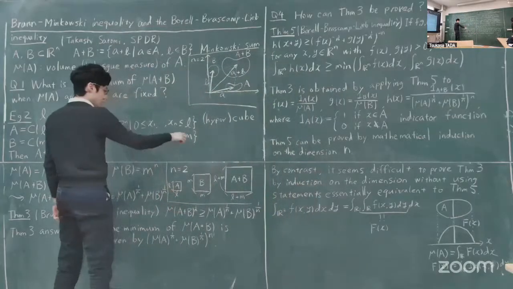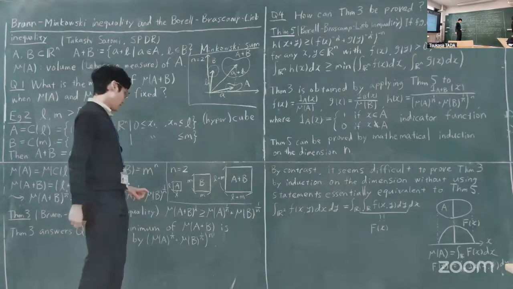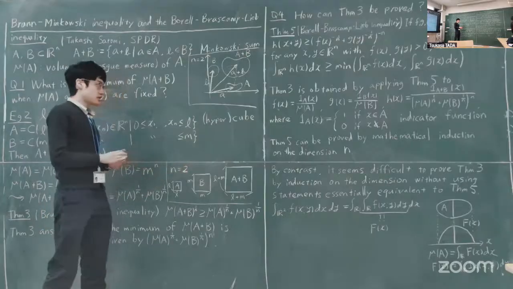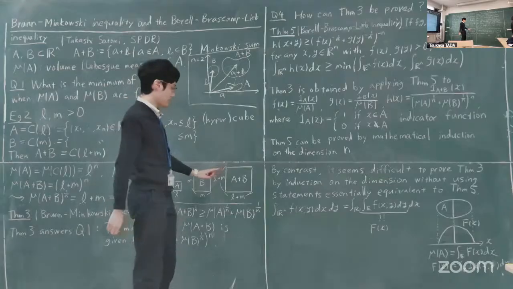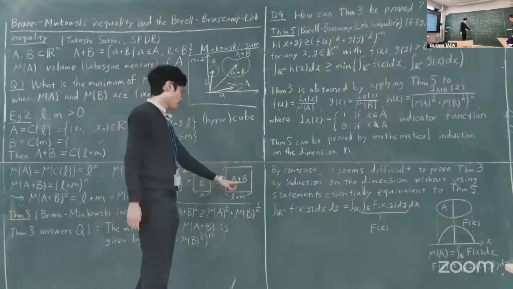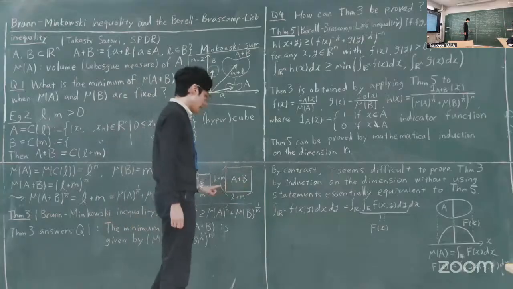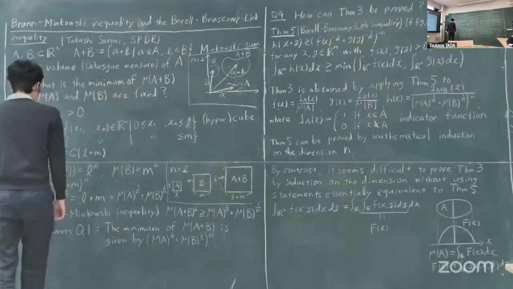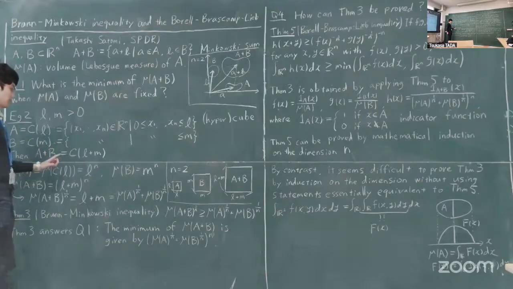Here is a two-dimensional illustration. In this case, A and B are squares, and the Minkowski sum is also a square whose side length is equal to l plus m. Then A plus B is equal to C_(l+m).